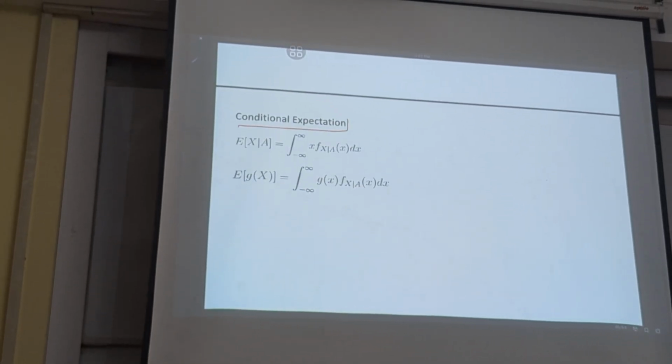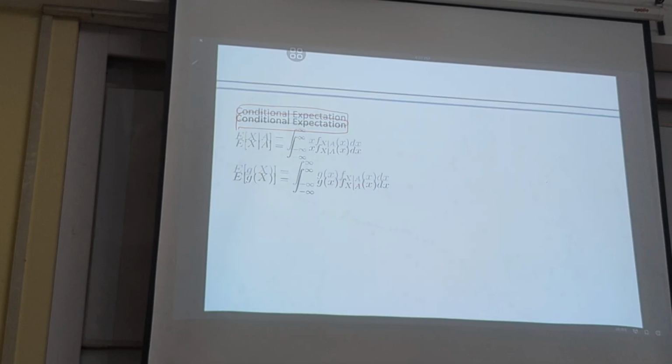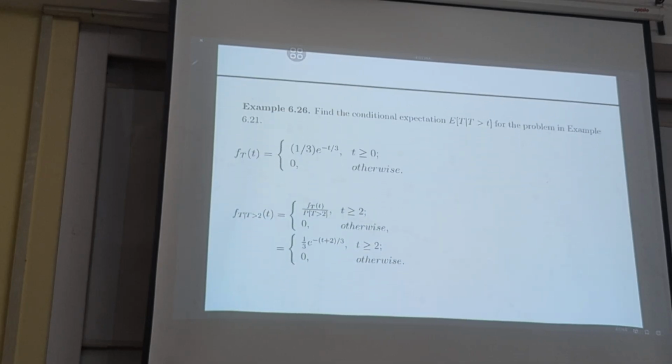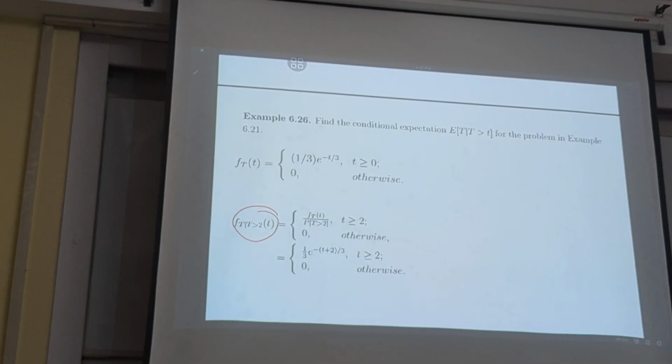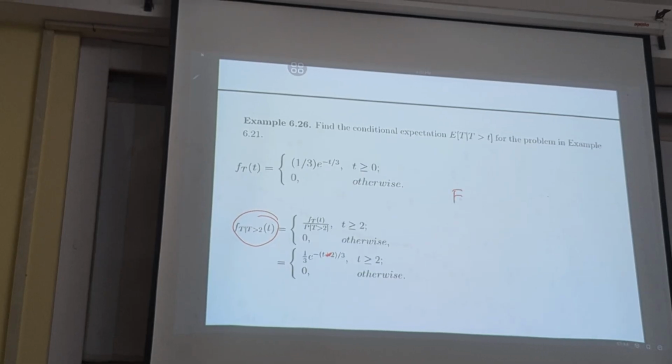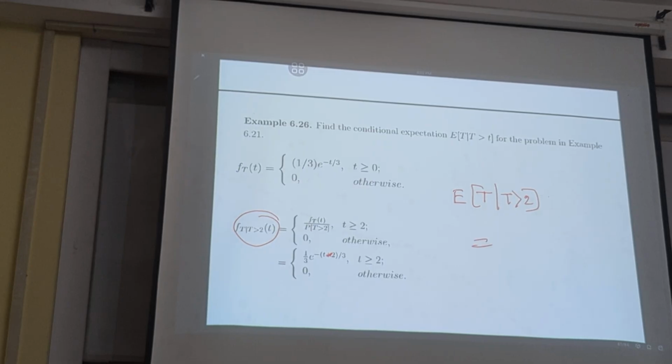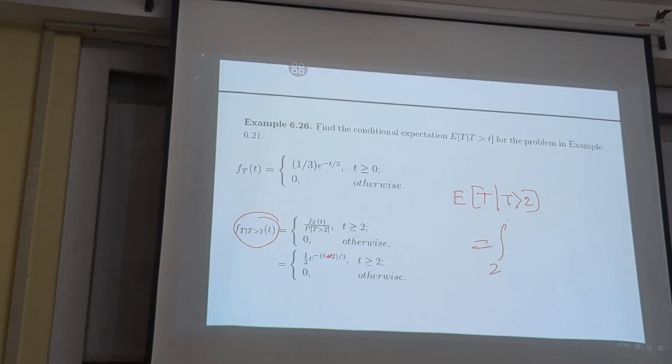Now conditional expectation, we have seen for the discrete case, here it is. For this problem, we have already seen the conditional PDF of t given t greater than 2, and if we calculate the expected value of t given t is greater than 2, what will it be?